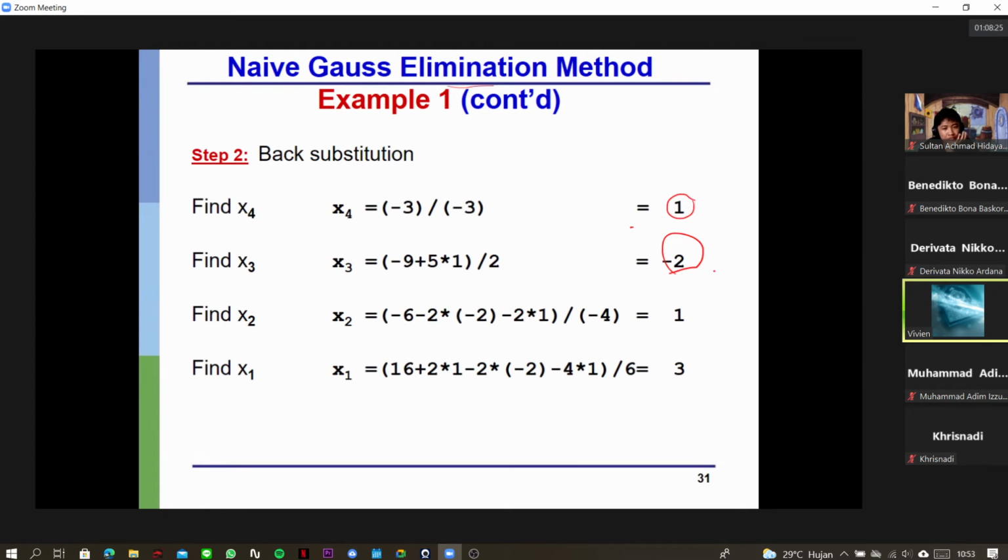If you do not understand any of this, you can ask, because later we will talk about other methods whose basis is actually the same, based on Gaussian elimination. So it's really important that you understand this procedure. Now, if there is no question, I will continue.